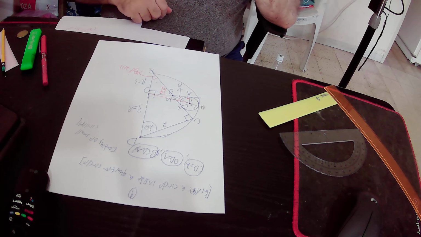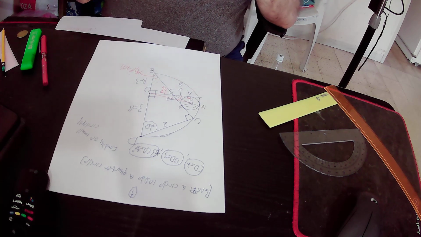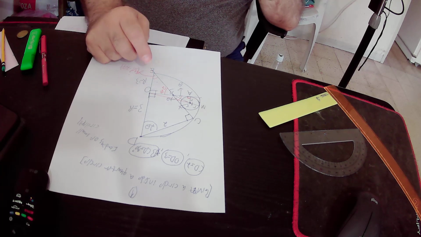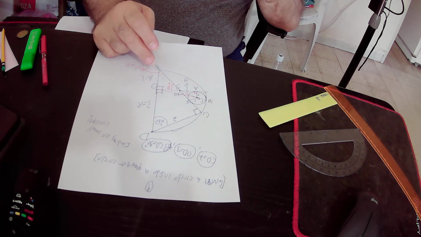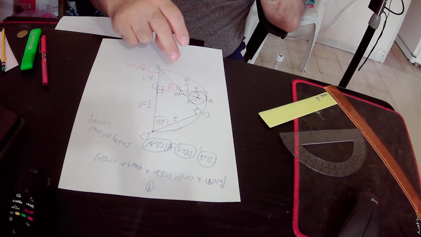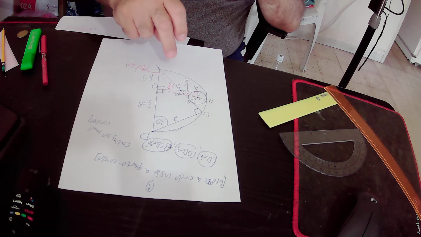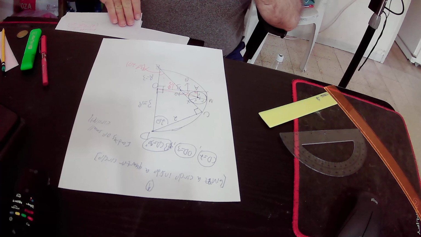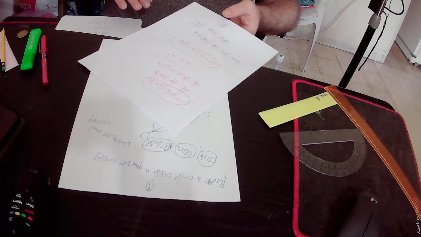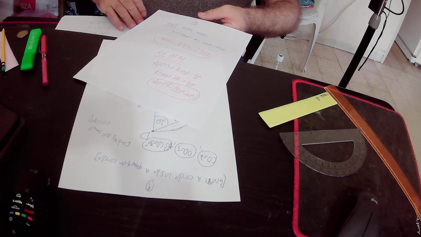And in triangle EBO, this small triangle, we know it is a right triangle, so this angle is 90 degrees. So the other two angles must sum to 90 degrees in order to complete the sum of the angles in triangle EBO to 180 degrees. That is to say, angle OEB plus angle OBE must equal 90 degrees.